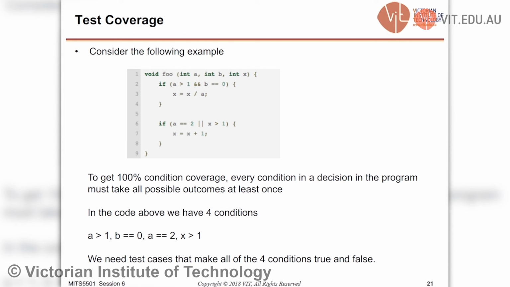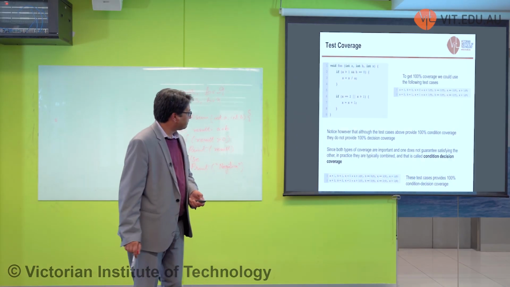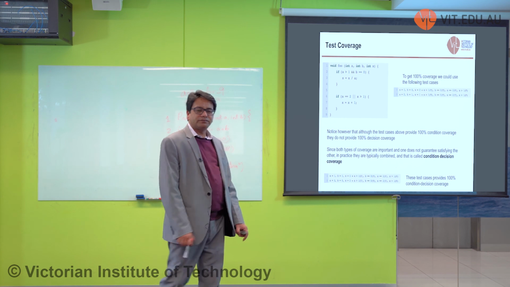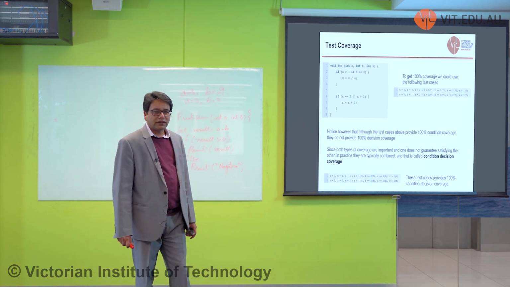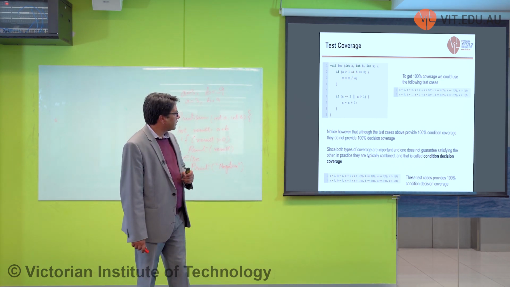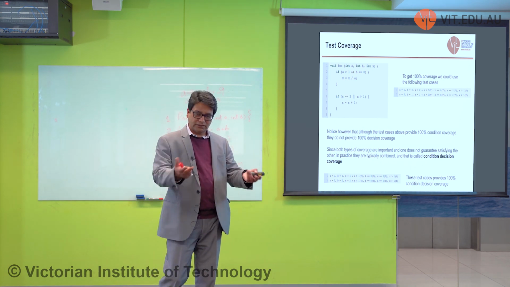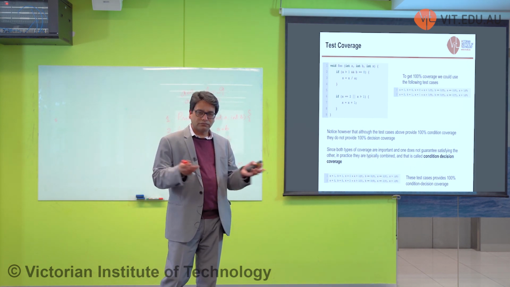You need to provide all data sets that meet this condition. So we look at the example. Say for this code, the first test case, A is equal to 1, B is 0. Will it give us true? No.